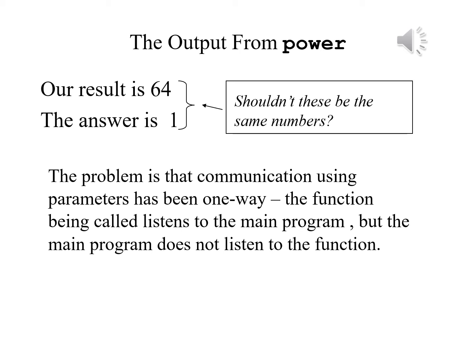The reason is that communication using parameters in Java is in one direction, and while the main method will successfully communicate its value to power, main method does not listen to power communicating anything back.